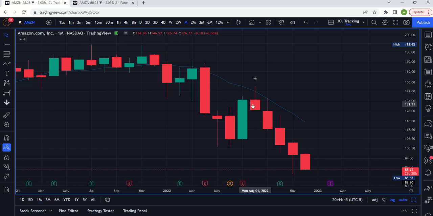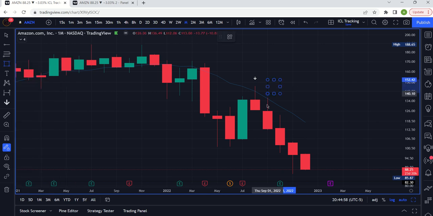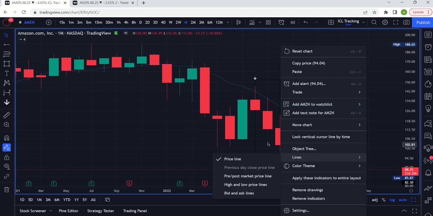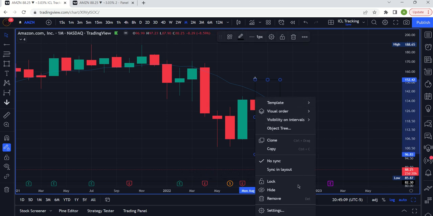In this case, we did not make that lower low. We closed here, but then we got follow through on this candle and then this candle. So a way to think about it is the combination of these three candles, and I'll just add the outline so we can all see what we're talking about here.